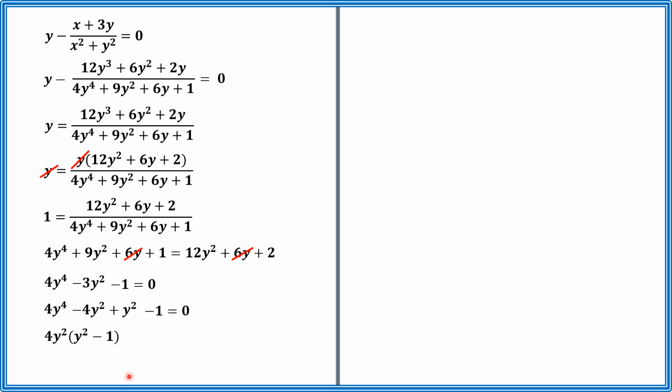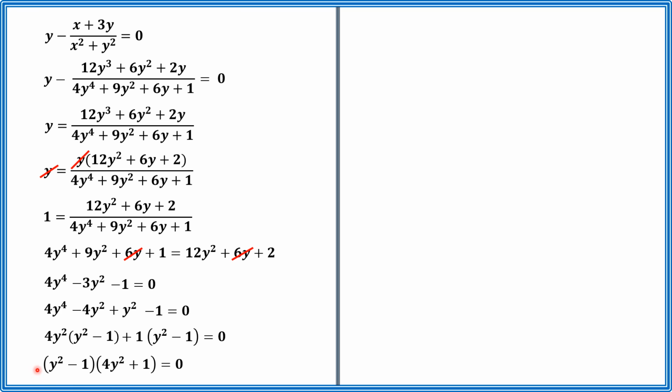Taking 4y square common, we will get y square minus 1, and from the rest, plus 1, and it will give y square minus 1. So taking y square minus 1 common, we will get the other factor as 4y square plus 1 is equal to 0.